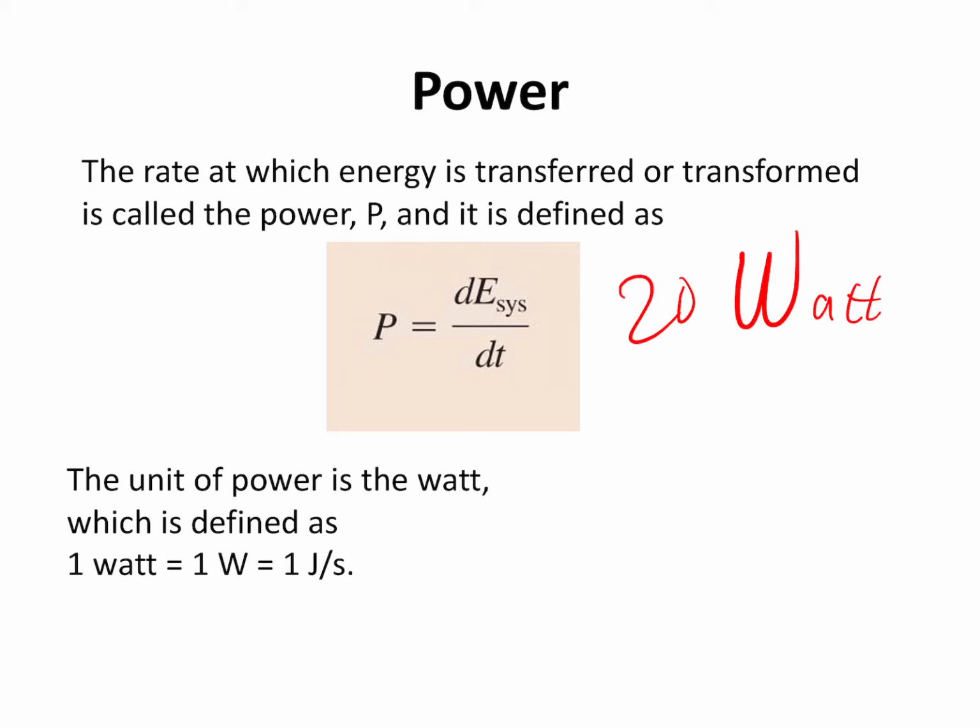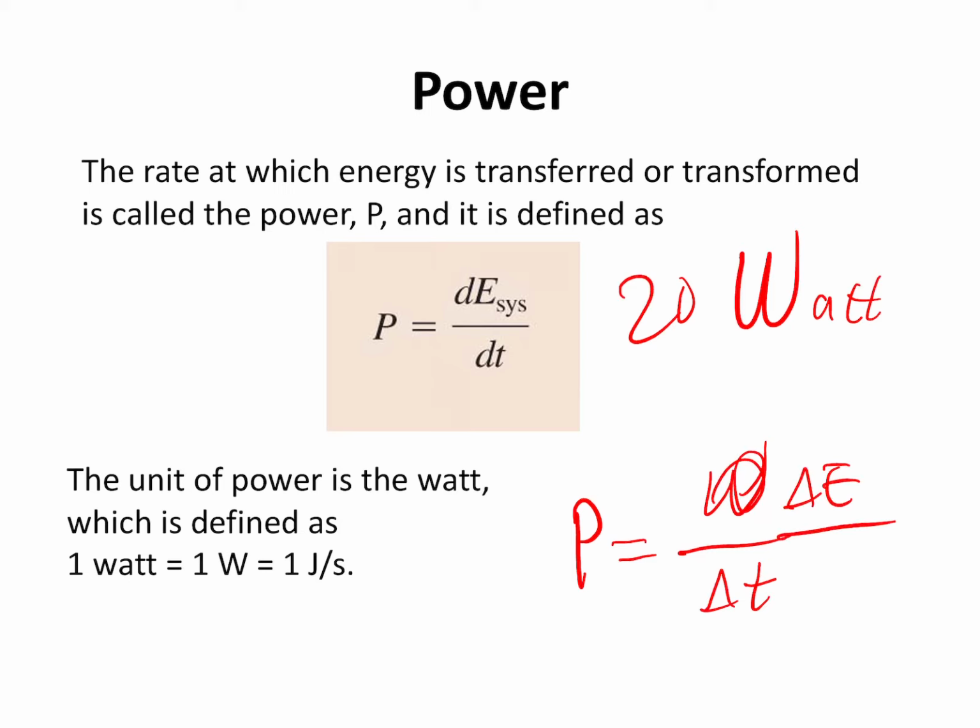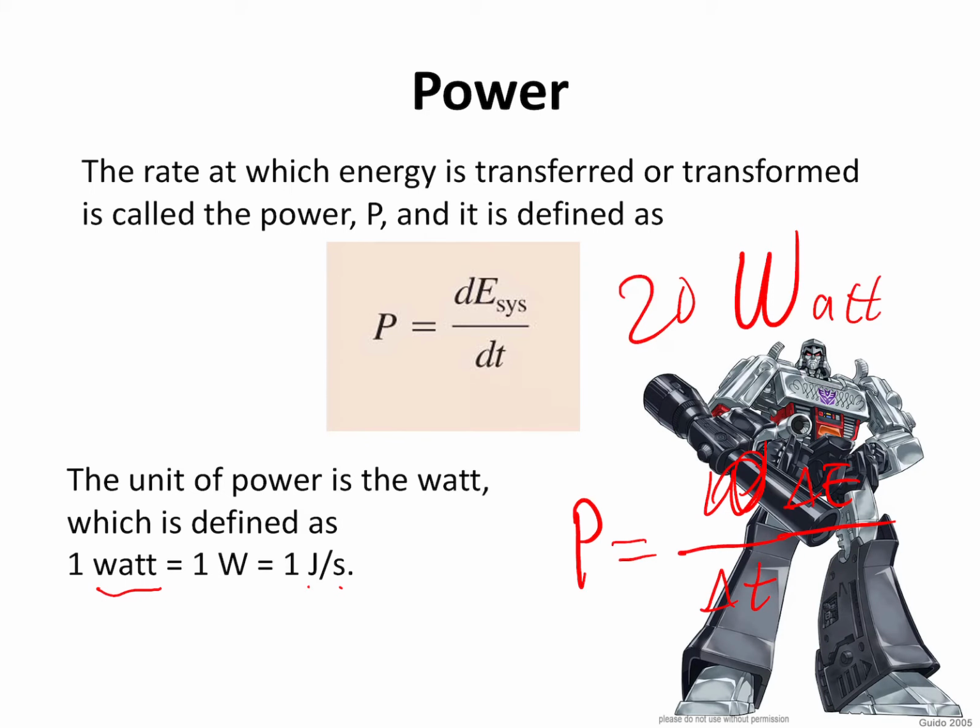So power is how much work is being done, or you can say it's the change of energy over time. That's power. And the unit for power, as we discussed, is watts. 1 watt is 1 joule per second.